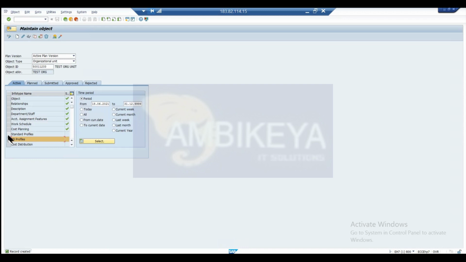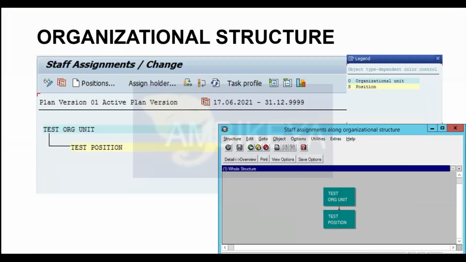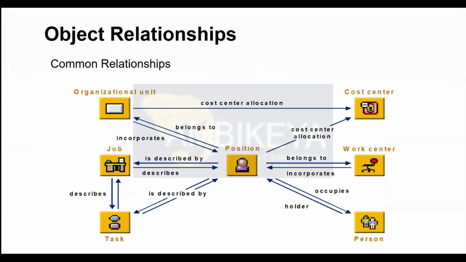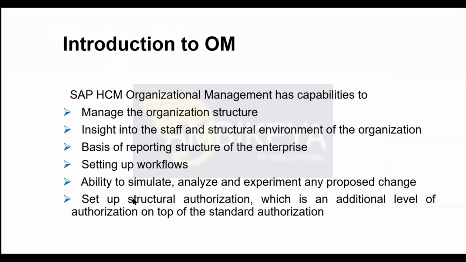But in our structure, we have something called structural authorization. Depending on your structure, you will get an authorization. Like in PA, we have standard authorization, like I give you PA40 access, I give you PA30 access, that is standard authorization.